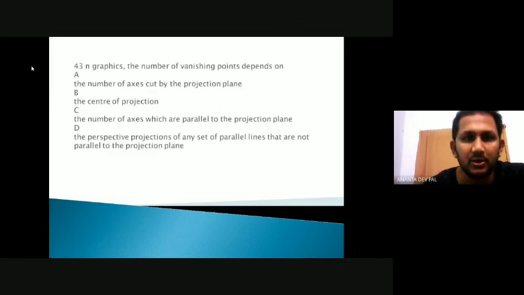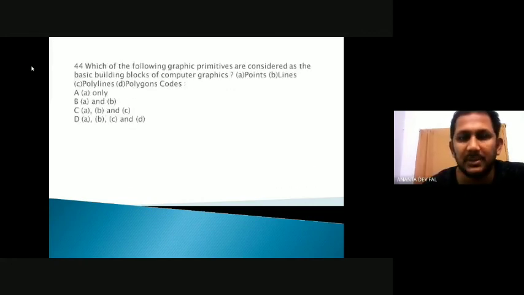Vanishing point depends on the number of axes cut by the projection plane, the center of projection, or the number of axes which are parallel to the projection plane. The perspective projection of any set of parallel lines that are not parallel to the projection plane. Option D is the correct answer. The following graphics primitives are considered as the basic building blocks of computer graphics: points, option A, and lines, option B. A and B.